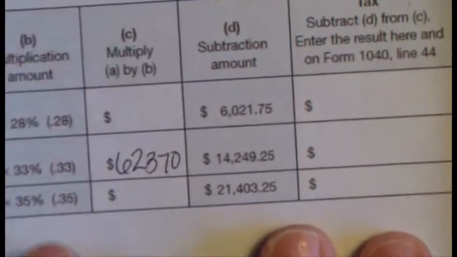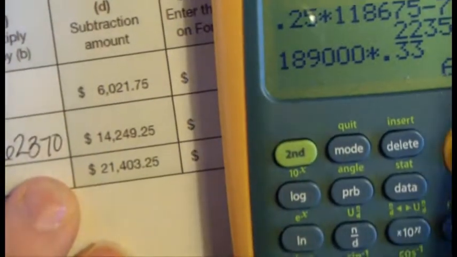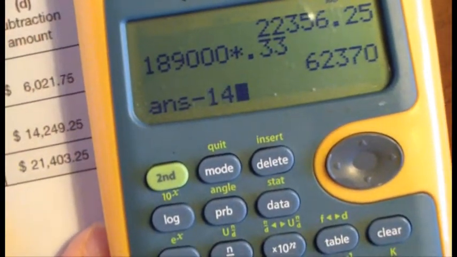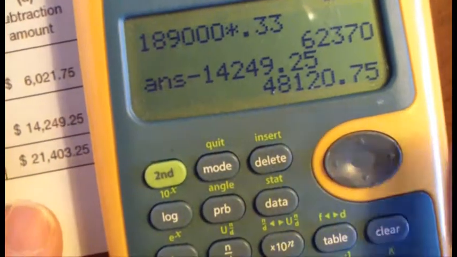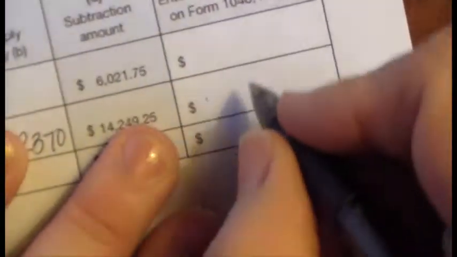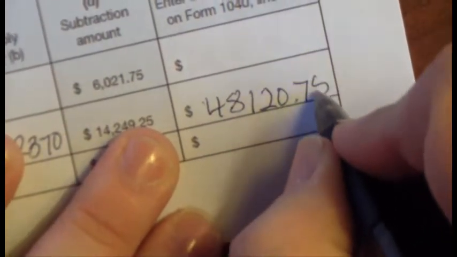And then to get our tax, we subtract off 14,249.25. We get $48,120.75.